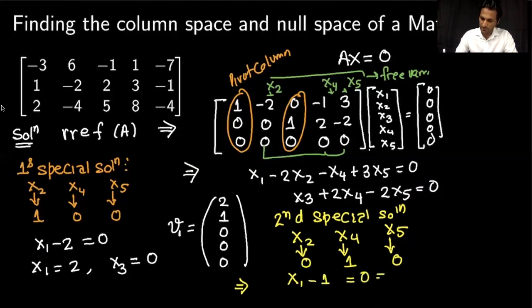So this is going to give me x1 is equal to 1. And if I plug into the second equation, x2 is 0, x3 and x4 is 1, so that's going to be 2 times 1, and x5 is 0. So basically x3 will be, in this case, negative 2.